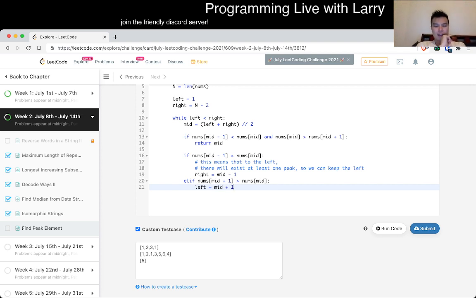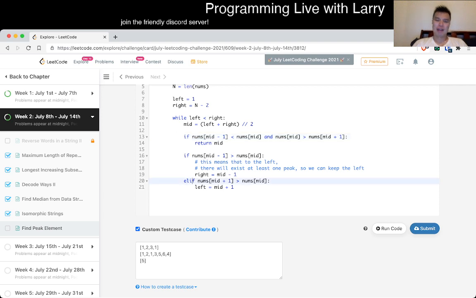Is that sufficient? I'm trying to think what the only other else case is. I don't think there is. I'm just going through it in my mind really quick. If nums[mid] is already a peak, then we already return it. Otherwise, one of the two has to be greater than it.